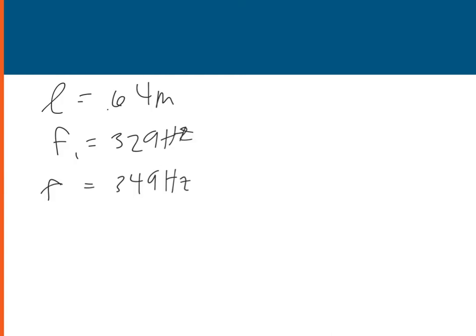Okay, so all I'm going to do is plug into the equation for the fundamental frequencies. So the frequency equals n, which is the number of whichever frequency it is. So for the fundamental frequency, n will be 1, over 2 times the length, times the square root of F over mu.